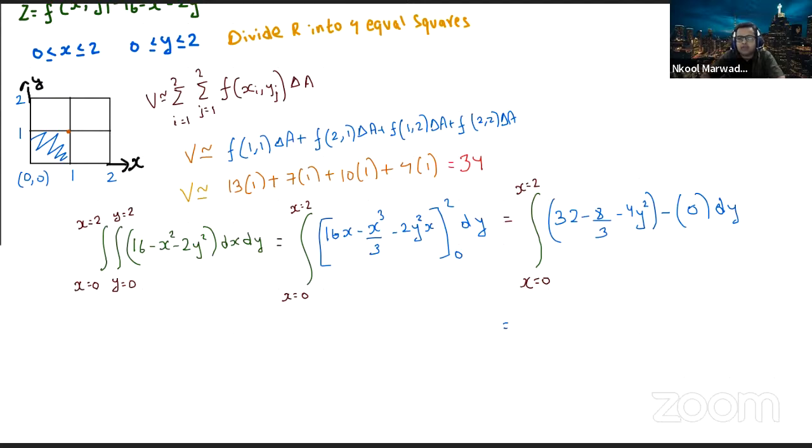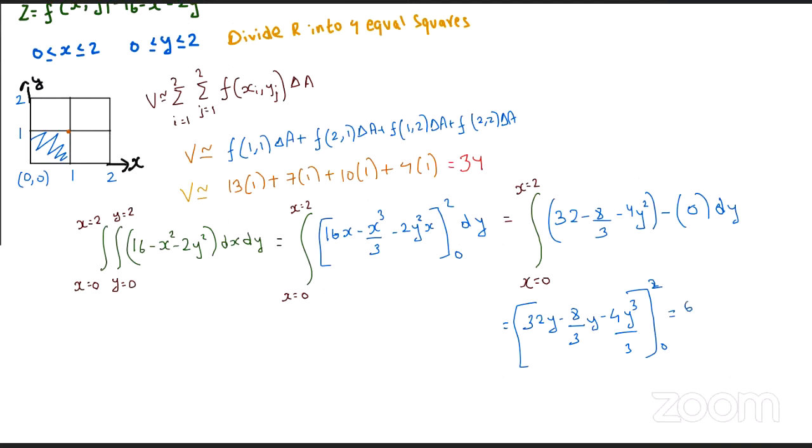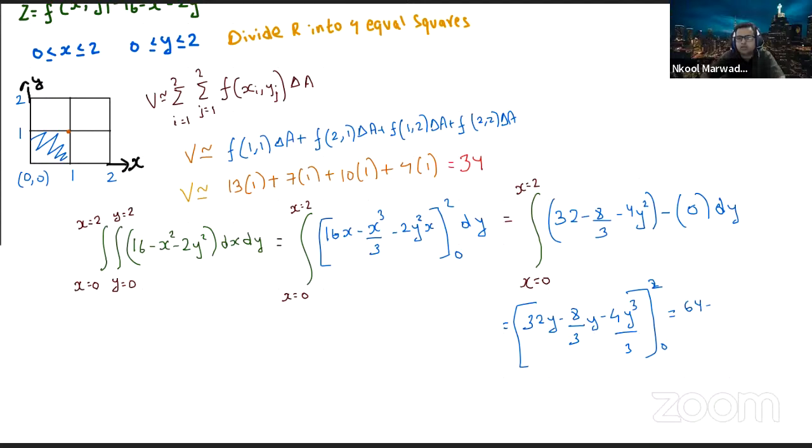It will become 32y minus 8/3 y minus 4y cube by 3, and it will be from 0 to 2.